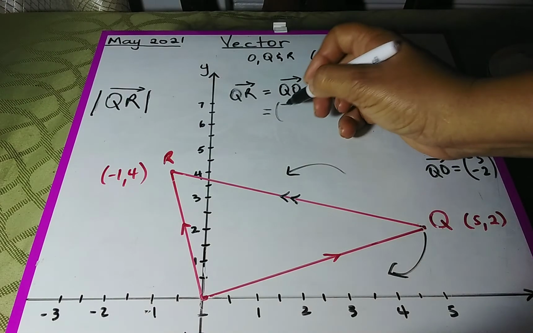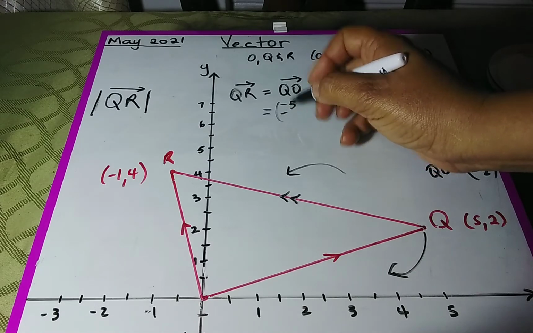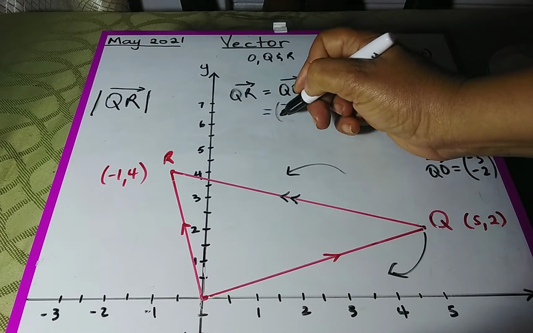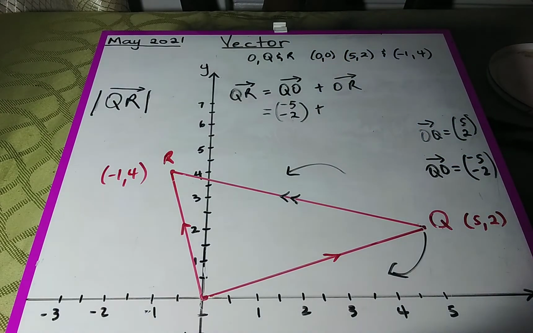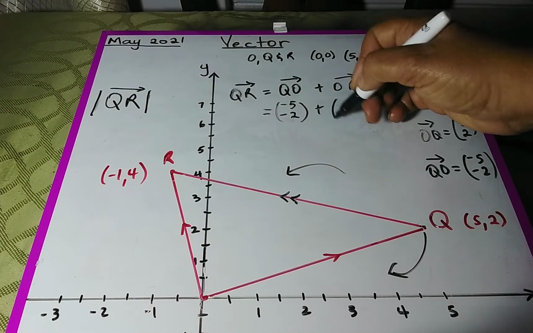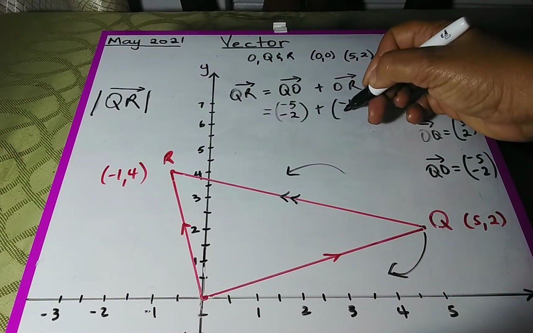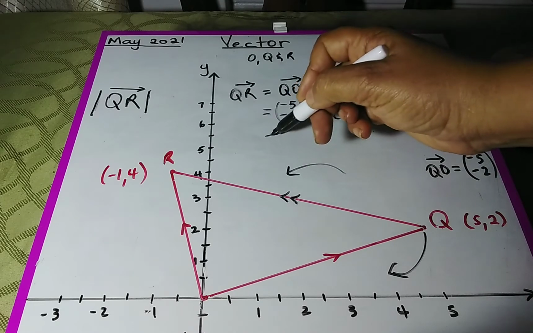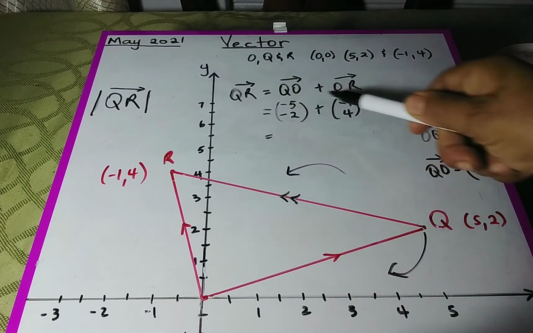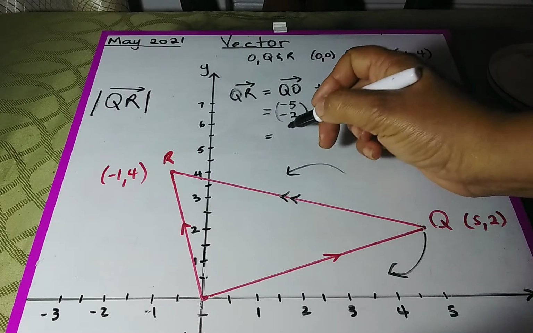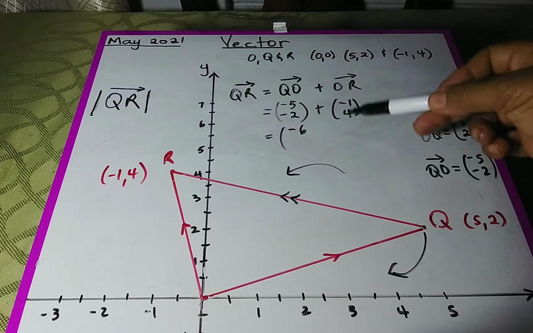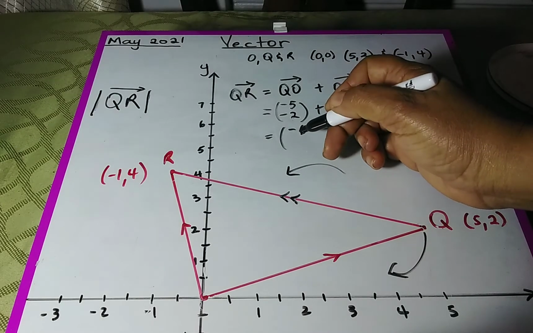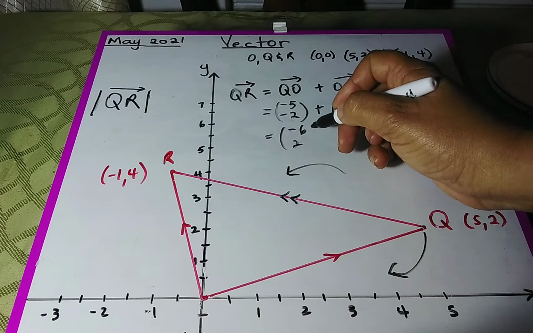And OR, which we established already, would be negative 1 and 4. Same sign, we would add and keep the sign. So it's going to be negative 6, and different sign we subtract, positive 2. Negative 6, positive 2.